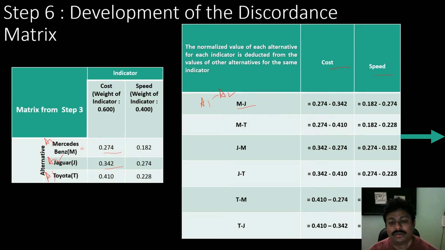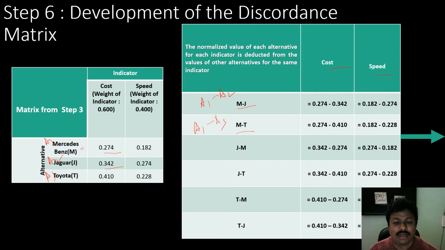0.274 minus 0.342. Okay. Then A1 minus A3, M minus T, for both cost and speed.